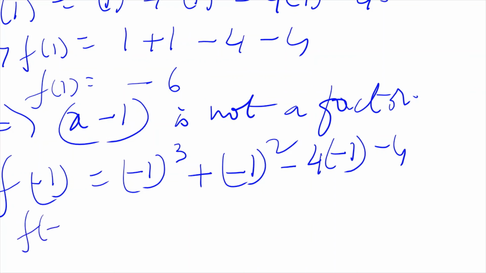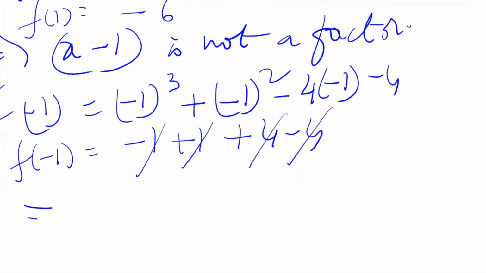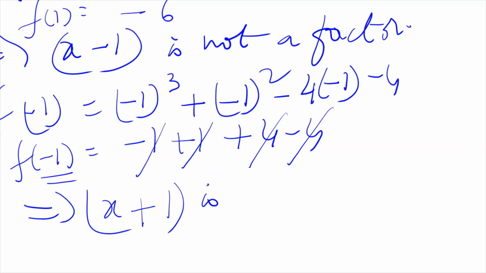So f of minus 1 is minus 1 plus 1, plus 4 minus 4, which equals 0. If we have substituted minus 1, that means x plus 1, and it is equal to 0. So x plus 1 is a factor.